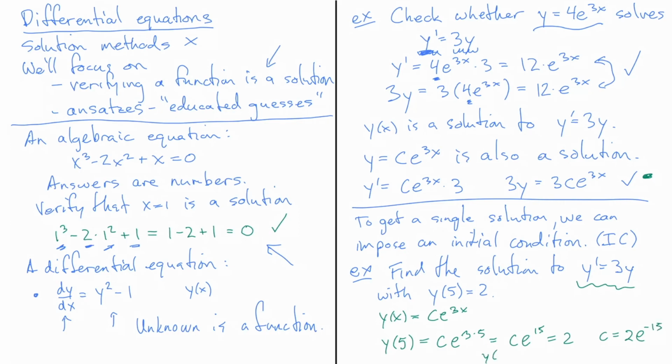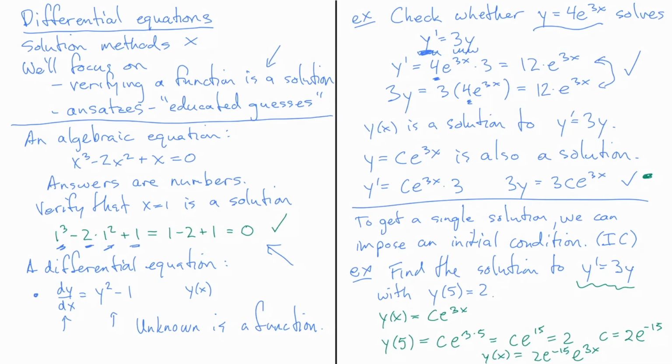And now we can write down y of x for this particular initial condition with the differential equation. We have a solution that is 2e to the minus 15 e to the 3x. Now maybe this is a convenient way of writing down the solution.